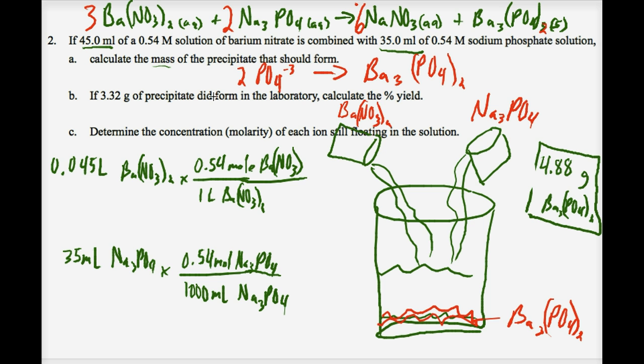You have 2 phosphates and you have 3 bariums. Note the way I do net ionics is these are aqueous, and I just build the precipitate. It's a little trick that will make life much easier for you if you take AP chemistry. So I know it's precipitation.